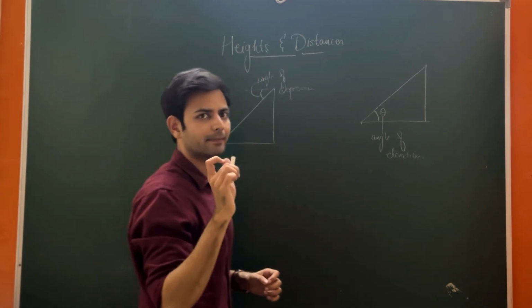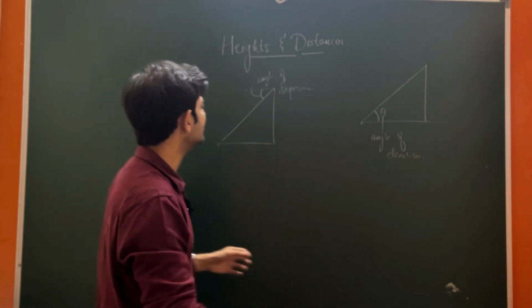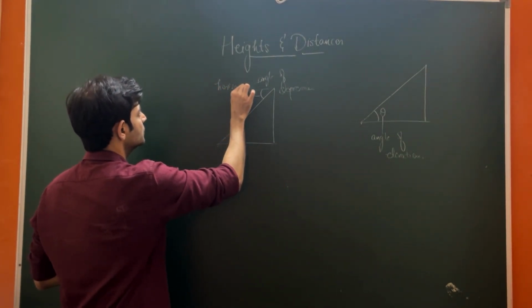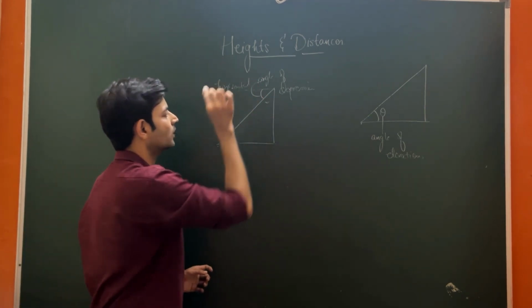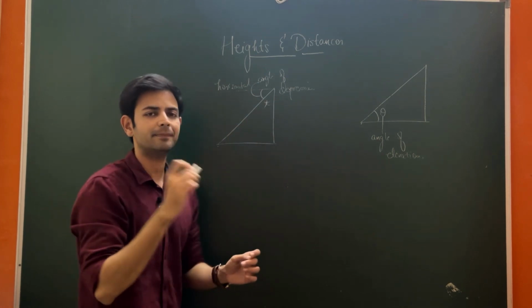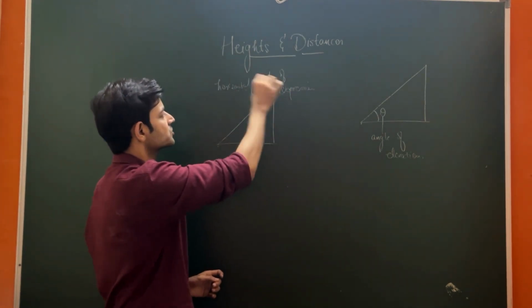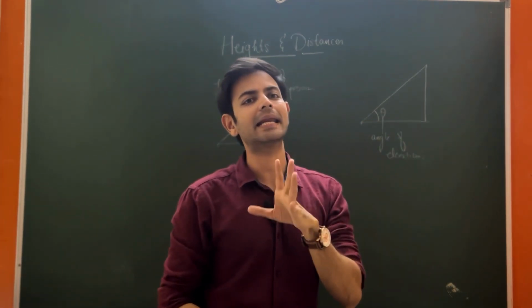Now always remember, the angle of depression is made with the horizontal. Usually kids make a mistake and they make the angle of depression this one, which is wrong. The angle of depression is always between your hypotenuse and the horizontal. Similarly, elevation is with respect to the ground unless mentioned.